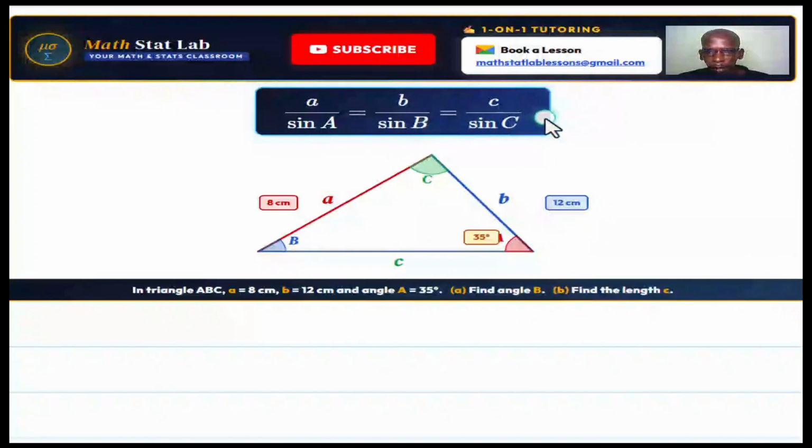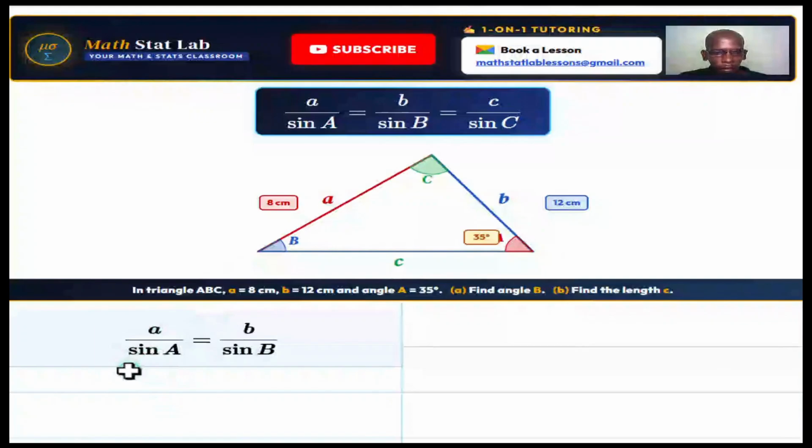We don't need the last part because we are only interested in the sine of B. Since we have a, the sine of A, and the length of b, we don't need the last part to get the sine of B. So now the formula reduces to a divided by the sine of A equals b divided by the sine of B. We already know the length of a, so it becomes 8, the length of a, divided by the sine of 35 degrees, the angle directly opposite to a, equals 12, the length of b, divided by the sine of B, the angle directly opposite to b, this angle here.